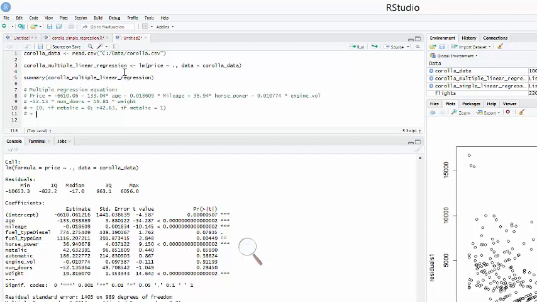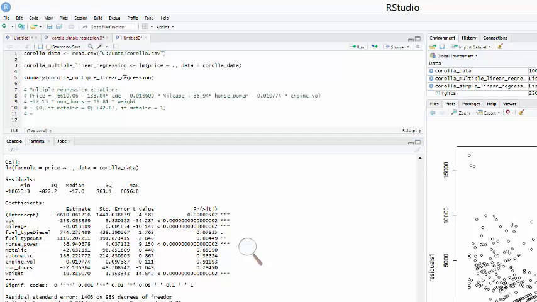Transmission can be automatic, in which case the variable automatic is equal to 1, or manual, in which case it's equal to 0. So which case is the base, manual or automatic? Manual is the base, because it's 0 and not 1.